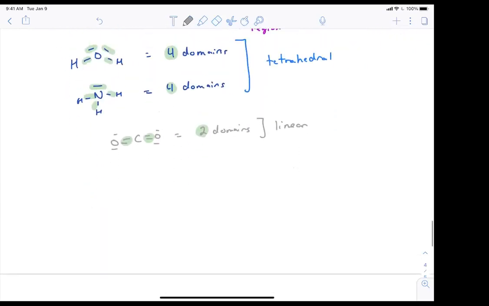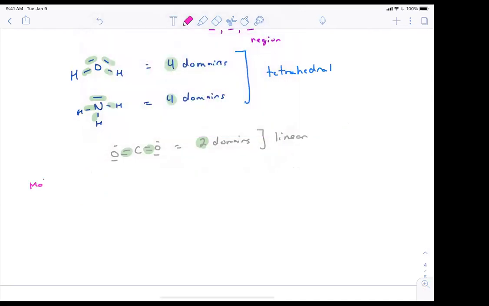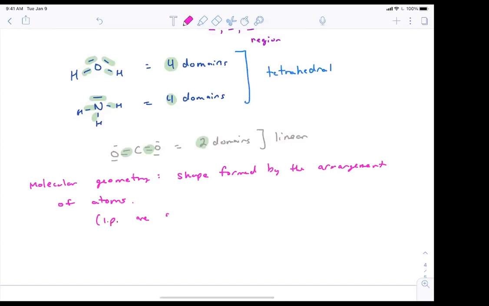And so molecular geometry is the shape formed by the arrangement of atoms. Okay, so lone pairs are affecting the shape, but we don't identify them as part of the shape. They affect the shape, but we don't identify them as part of the shape.